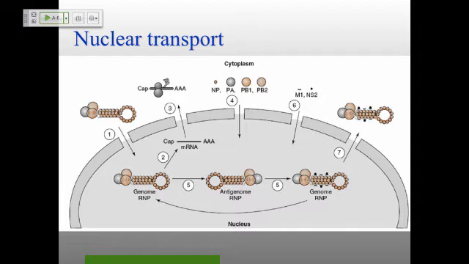The first thing that happens is that these polymerase proteins steal caps and now make messenger RNA. That messenger RNA is exported back out into the cytoplasm where it gets translated, because all the cellular translation is happening back in the cytoplasm. Then each of those proteins gets re-imported back into the nucleus.